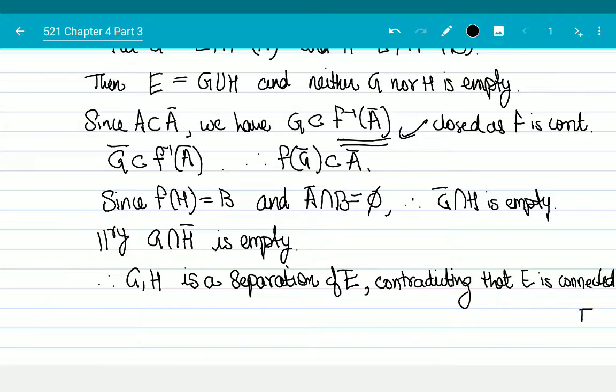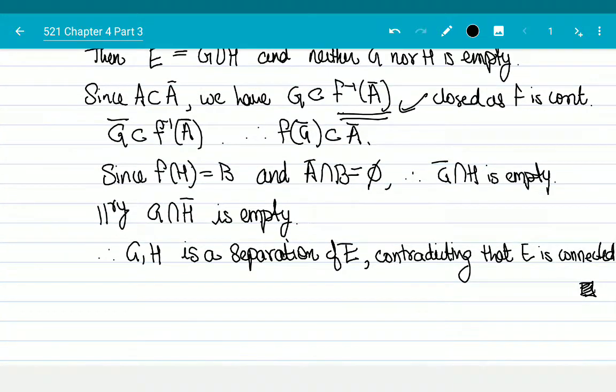Hence such A and B cannot exist. That means the image of a connected set is connected.